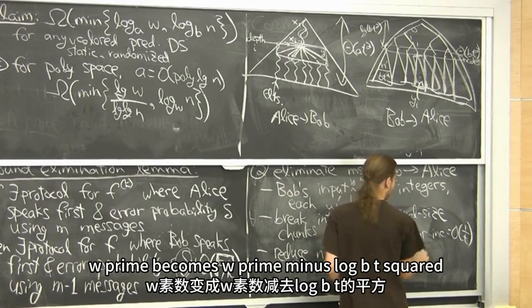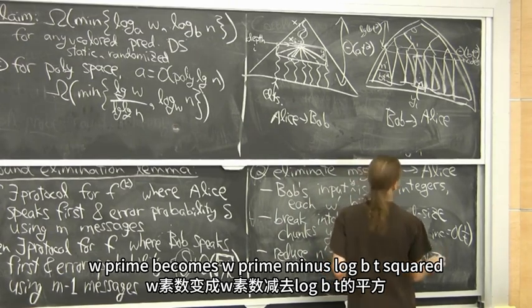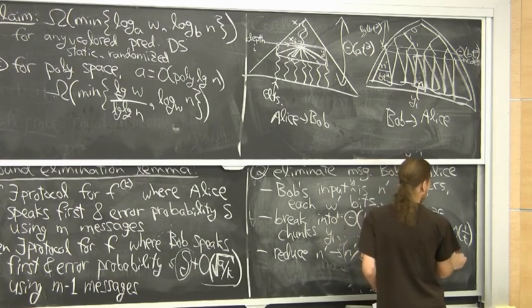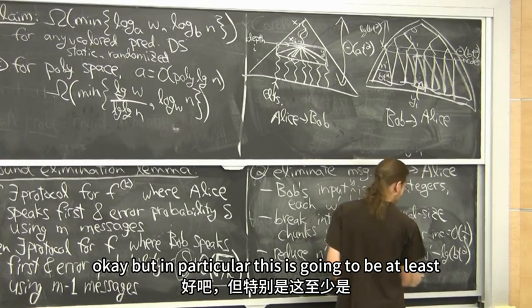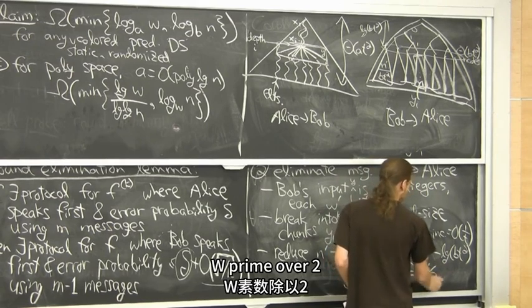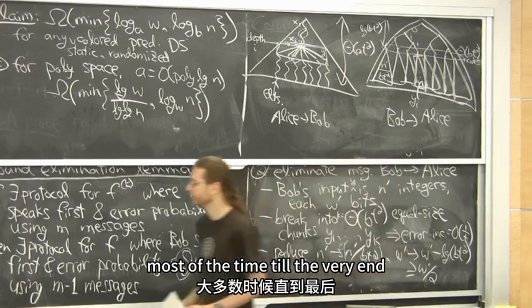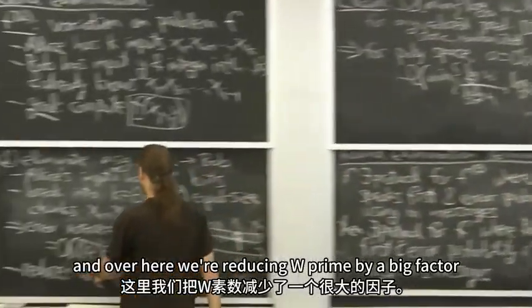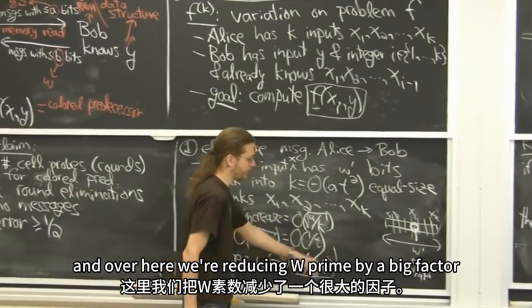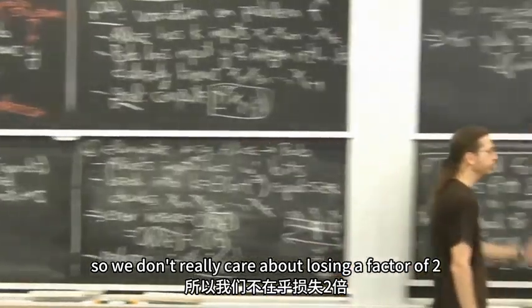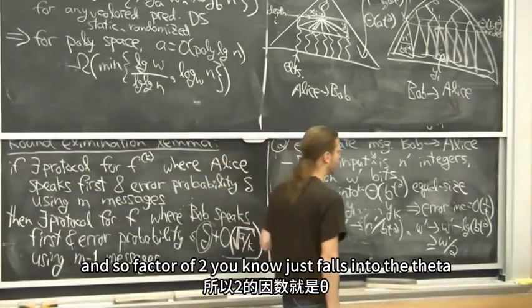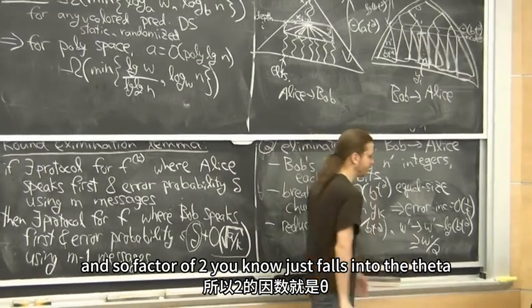W prime becomes w prime minus log bt squared. In particular, this is going to be at least w prime over 2 most of the time till the very end. And over here, we're reducing w prime by a big factor, something bigger than a constant. So we don't really care about losing a factor of 2 because we alternate between these, and a factor of 2 just falls into the theta.